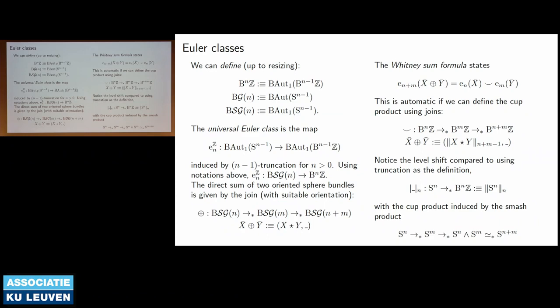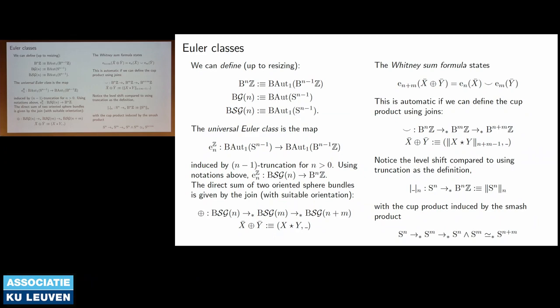And we have the classifying type of n-dimensional sphere bundles, where even though it's a family of (n-1)-spheres, I think of it as an n-dimensional thing, because I think of it as a remnant of an n-dimensional vector bundle where I take the unit sphere inside the vector space, or I puncture out the 0 element of the vector space, and I get something that's homotopy equivalent to an (n-1)-sphere. So I think of it as really an n-dimensional object, even though it's a family of (n-1)-dimensional spheres. And likewise, you have the oriented ones.